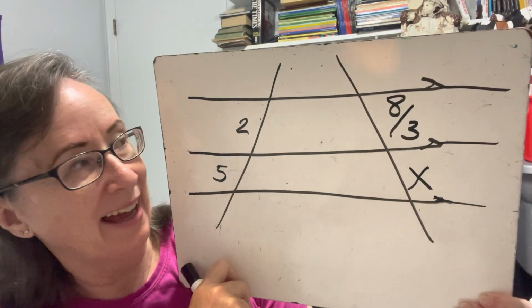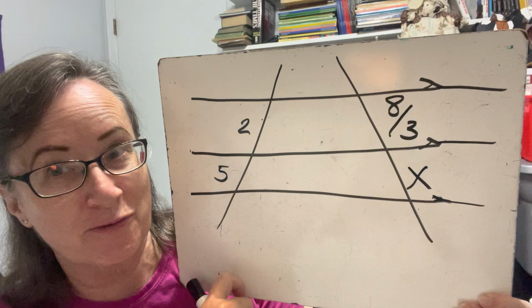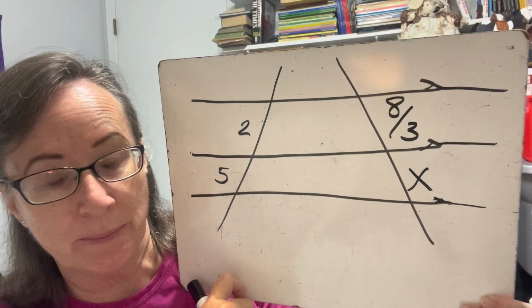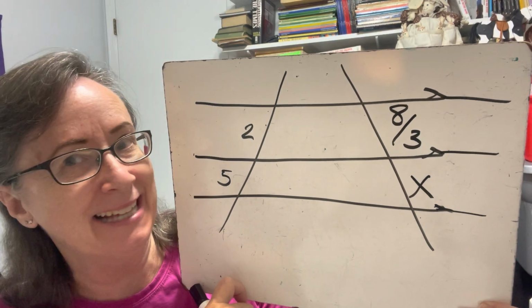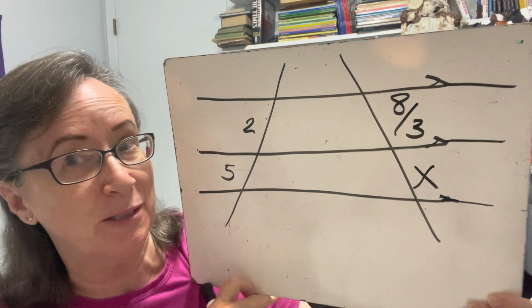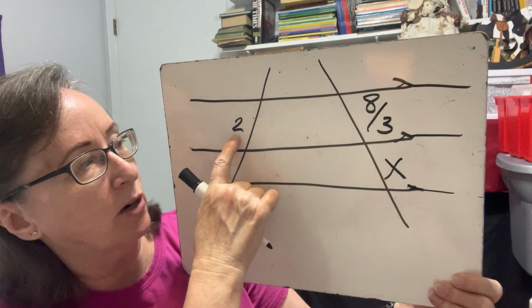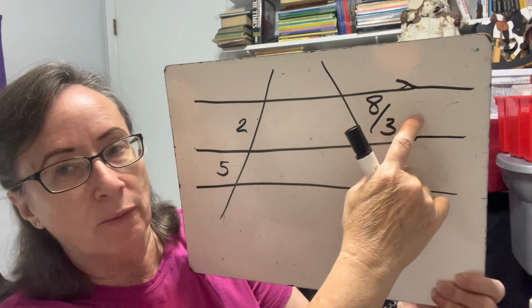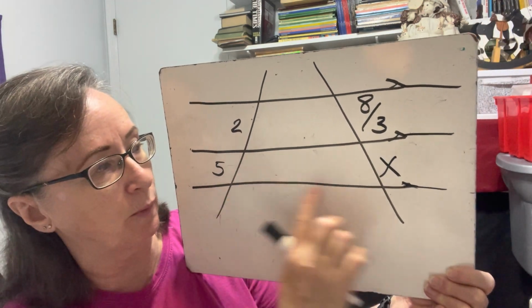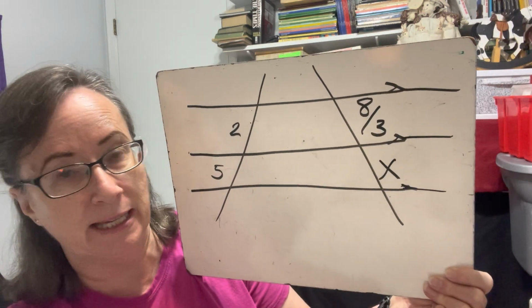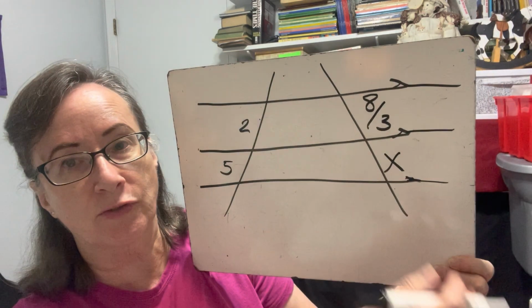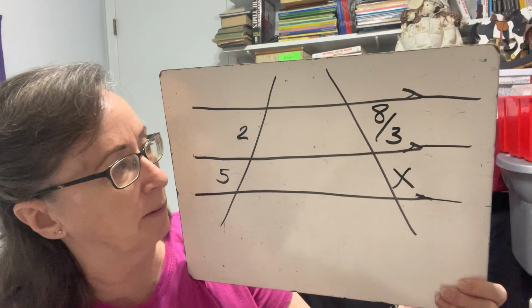I am going to do this one for you on the board. This is example 1.5. We're on page 26, and it's the last example before we do some practice problems. We're starting with 2 and we're going to 8/3 because we have 3 parallel lines indicated by the little arrows here, and we have 2 transversals, which are not at the same angle.